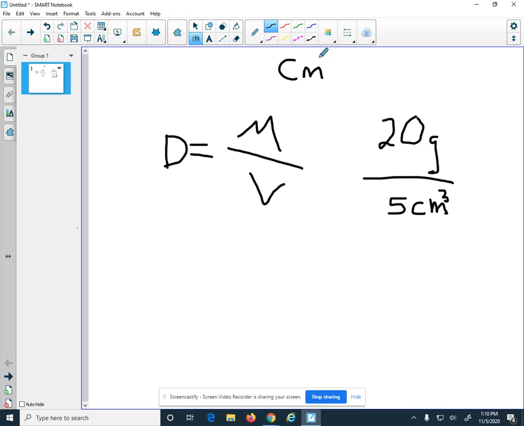So those are interchangeable units, depending if you have a solid, regularly shaped object or you have a liquid. Okay? So what's the answer here? What's my density? I have 20 over 5. What's 20 divided by 5? 4. I have 4, and don't forget your units, grams per centimeter cubed.